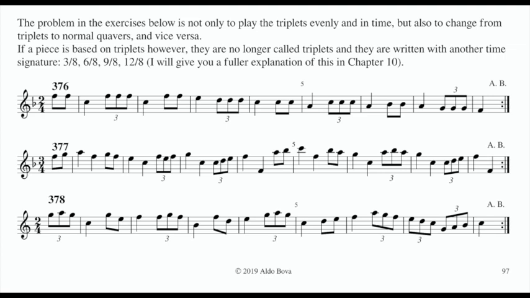And so normally we are able to make 2, 2, 2, or 3, 3, 3. But what is difficult is to change from 3 to 2. I repeat 376 with hand and voice.